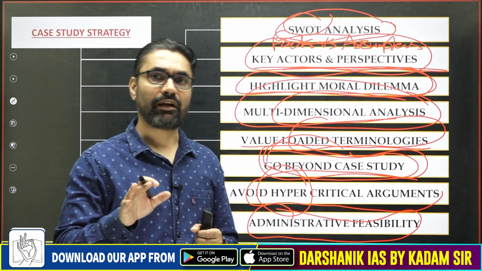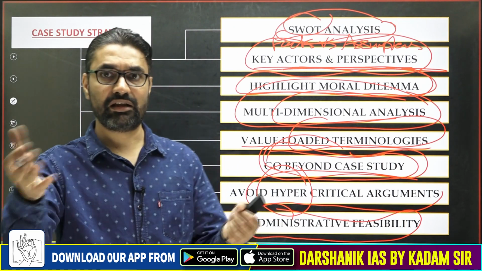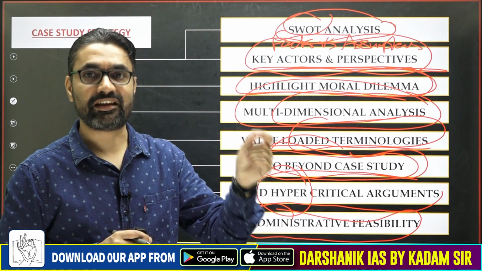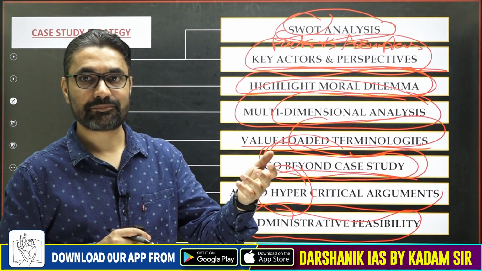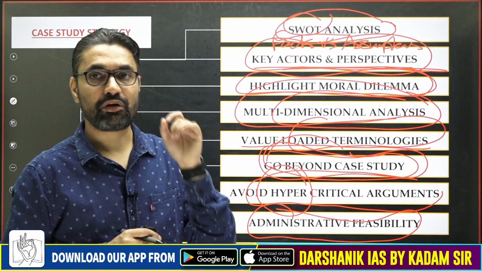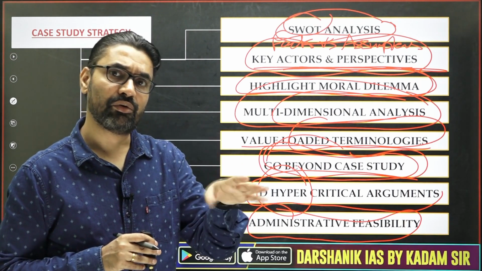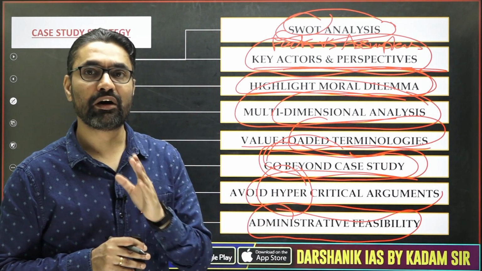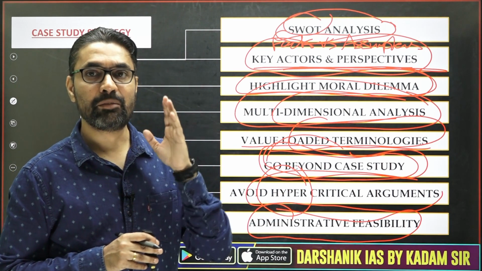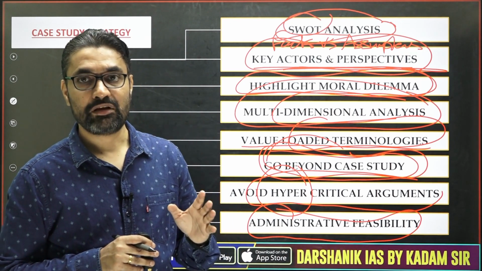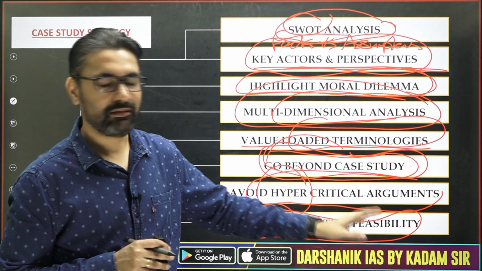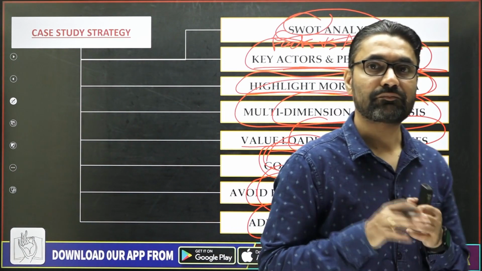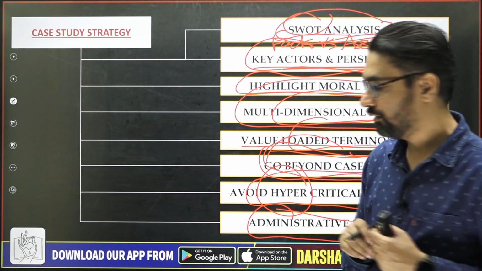But if you are not a bureaucrat, you are any citizen or any other person, then you have a little bit of liberty to talk or write like an activist. But if you are given that you are a BDO, a deputy collector, IAS, IPS, or military officer, then you need to work under the restriction of the law, limits of the constitution, limits of the law, limits of the finances. That's why this point of administrative feasibility is very important. You need to worry about it.